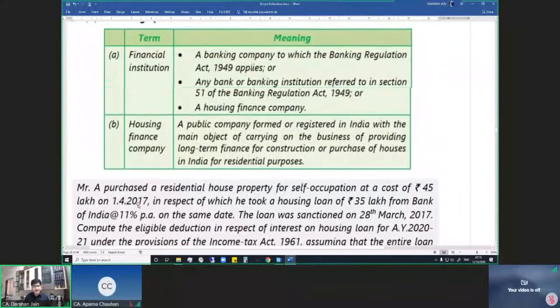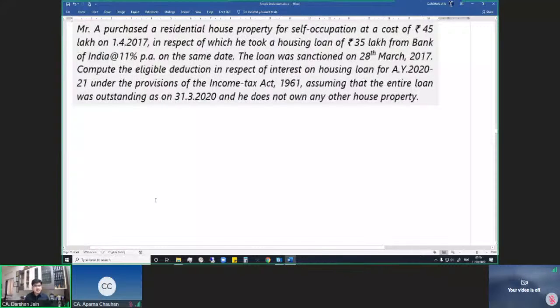Let us take up an example. Look at this. Mr. A purchased a residential house property for self-occupation. So what we have here is a self-occupied house property at a cost of rupees 45 lakhs on 1st of April 2017. So it has been purchased during the financial year 17-18.